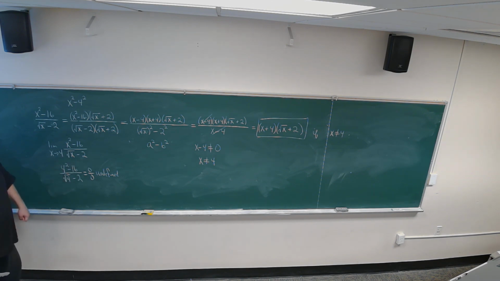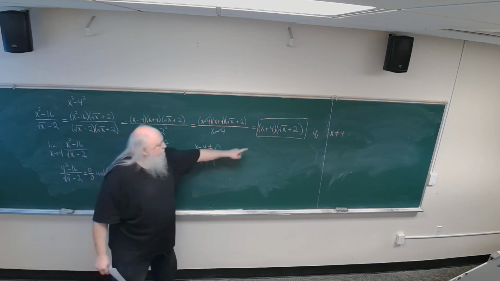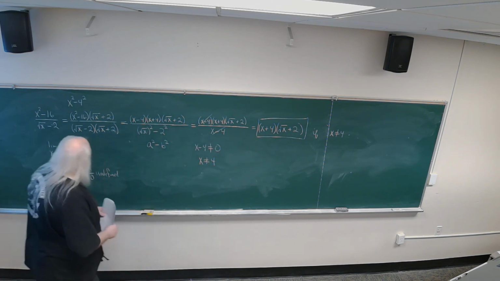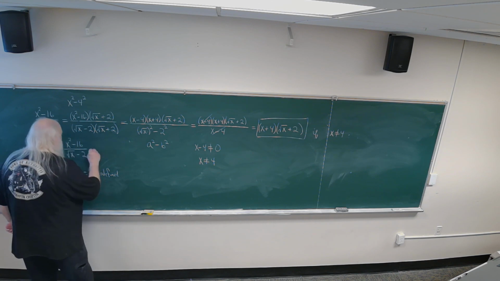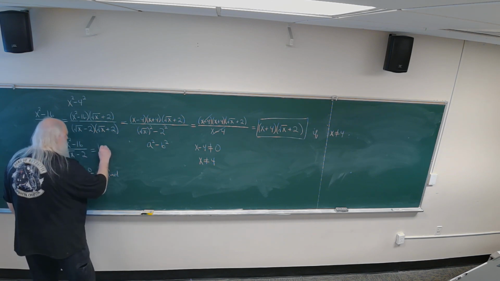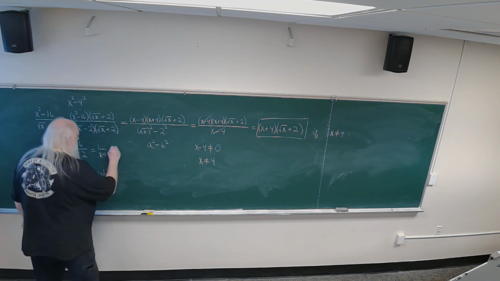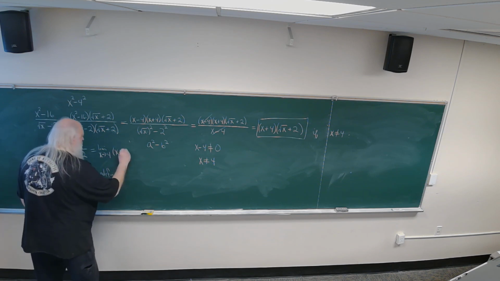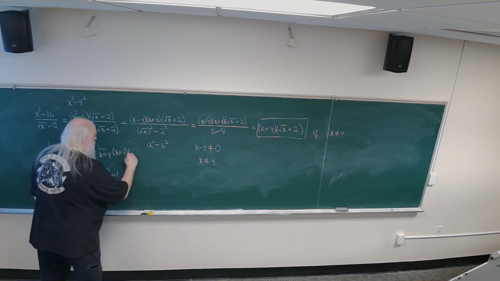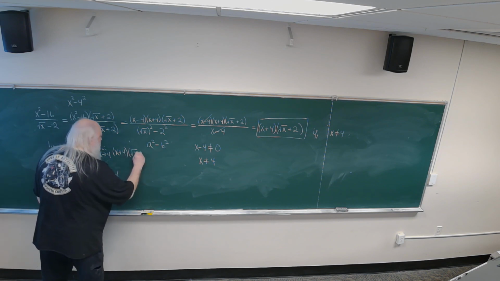Okay? So since x never equals 4 in the limit, this quotient simplifies to what is in the box up here. So this is equal to the limit as x approaches 4 of x plus 4 times the square root of x plus 2.